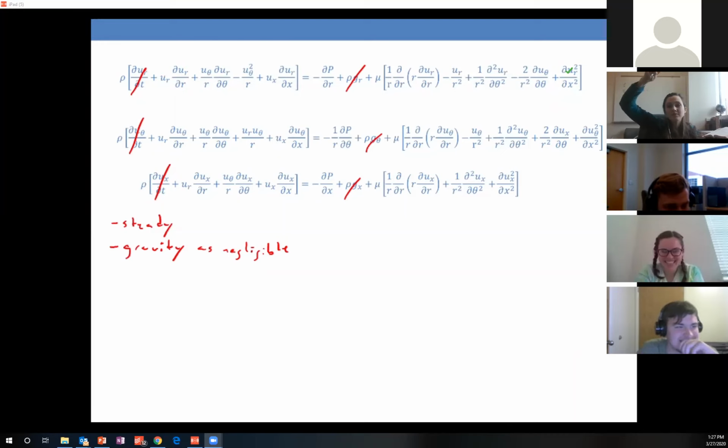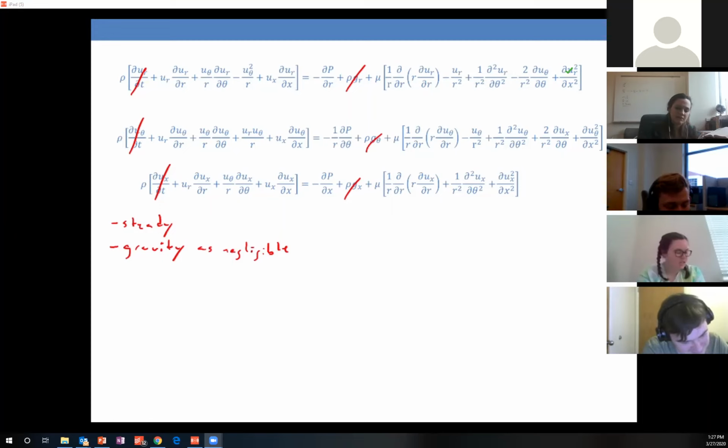Dr. Nickerson, if rho were not constant, if it was compressible, would you have to somehow express rho as a function of x, y, and z? If it is compressible, then density is a function of pressure mostly, because that's what mostly changes density. So rho would probably be a function of pressure that you would plug in.